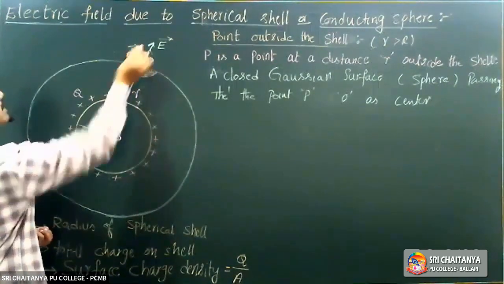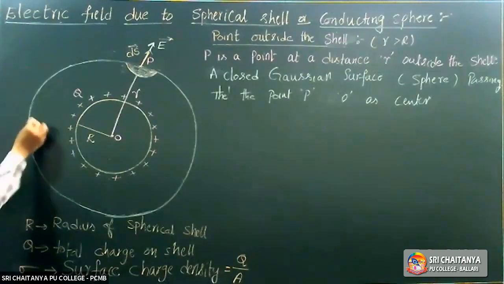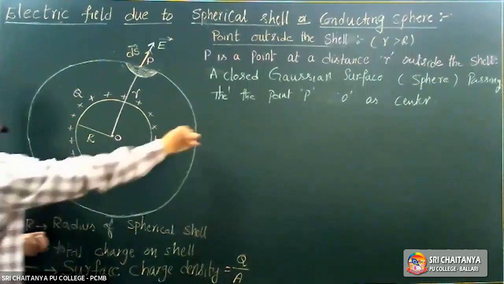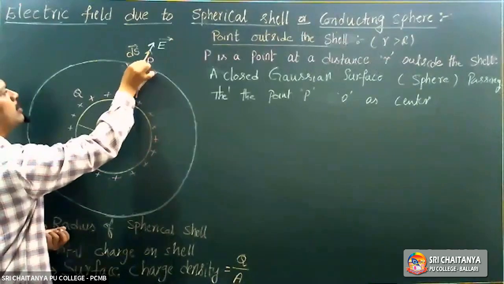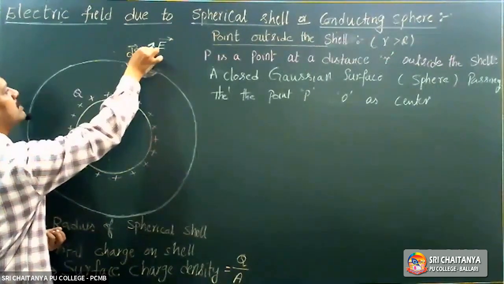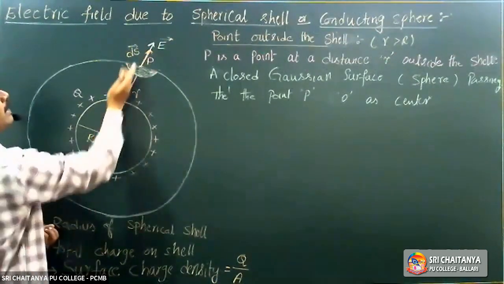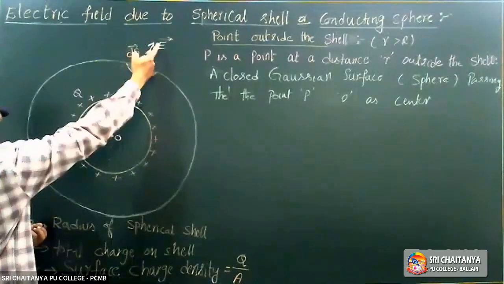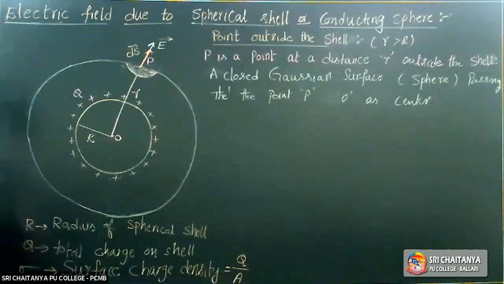Area vector is always normal. At any point, if you draw the area vector, it is normal to the surface. Here, normal to the surface means along the radius vector, which is parallel to E, right? So this is the construction.